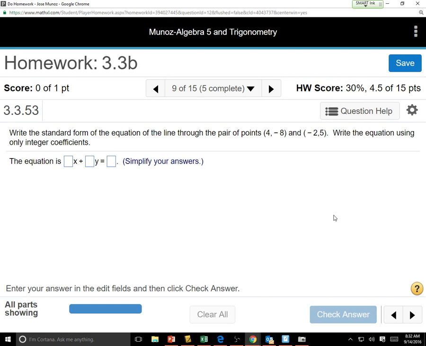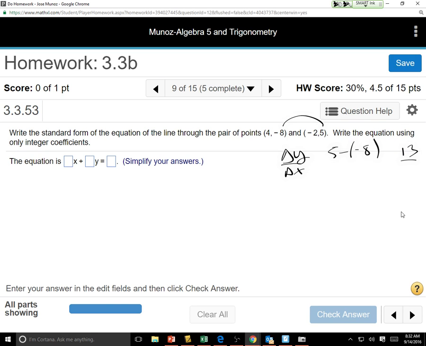Okay. So write the standard form of this equation. Changing y over changing x, right? So 5 minus a negative 8 is 13.